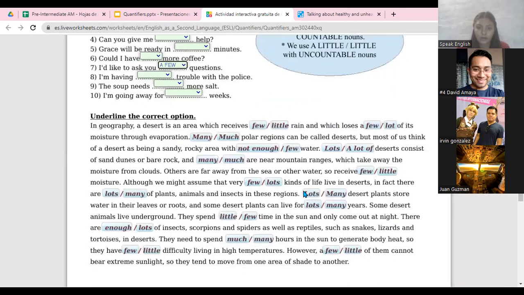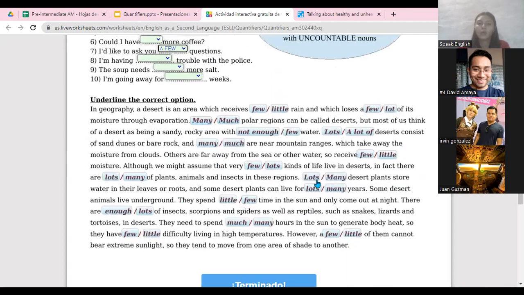And this one, I think this is more for context. In general, you got more wrong answers in this part because you need the whole context. For example, polar regions.